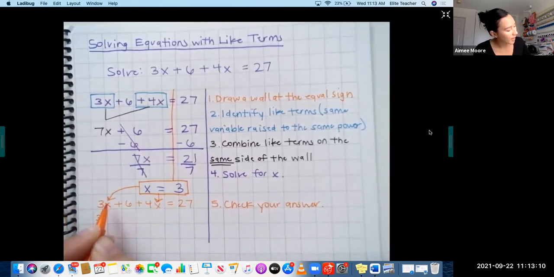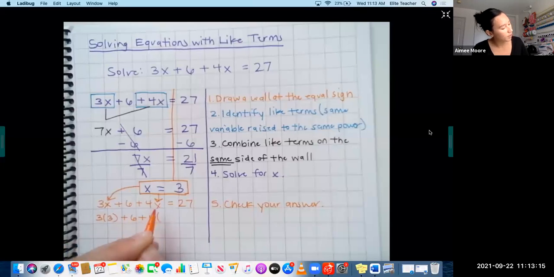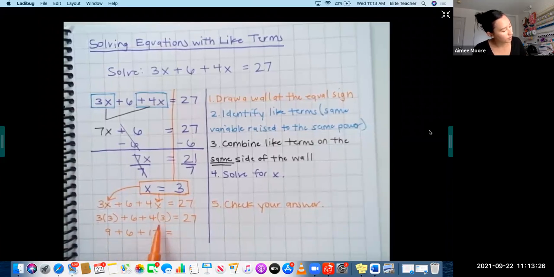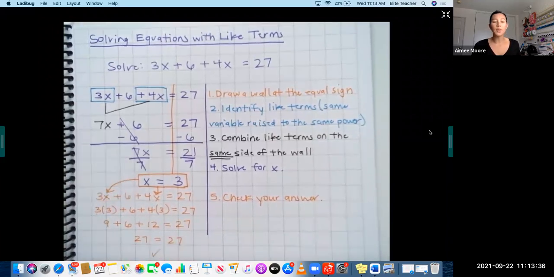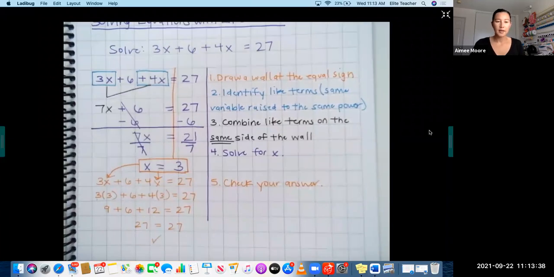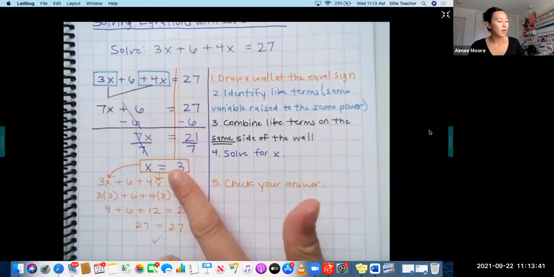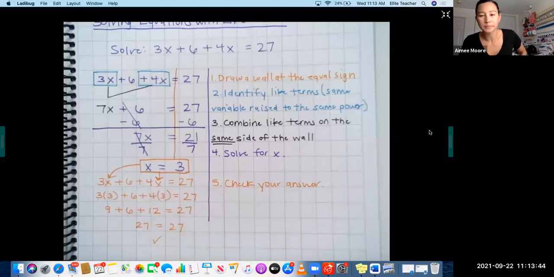So 3 times 3, plus 6 plus 4 times 3 equals 27. 3 times 3 is 9, plus 6 plus 12, because 4 times 3 is 12. Let's see if this side adds to 27. 9 plus 6 is 15. 15 plus 12 is 27. So we checked it and we know that we didn't make any mistakes solving. And so 3 is what makes our equation true. We solved correctly.